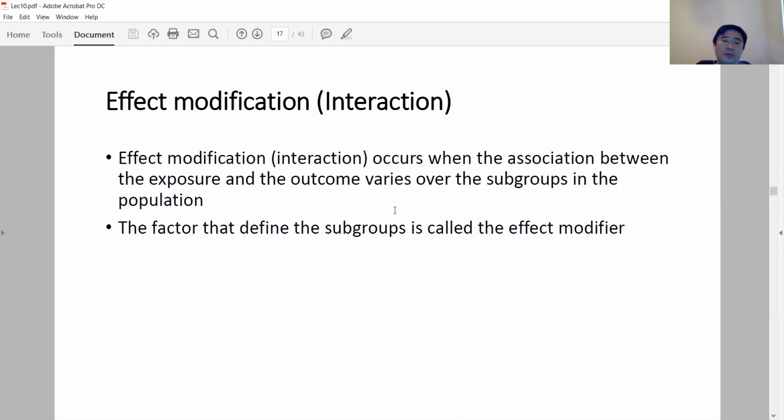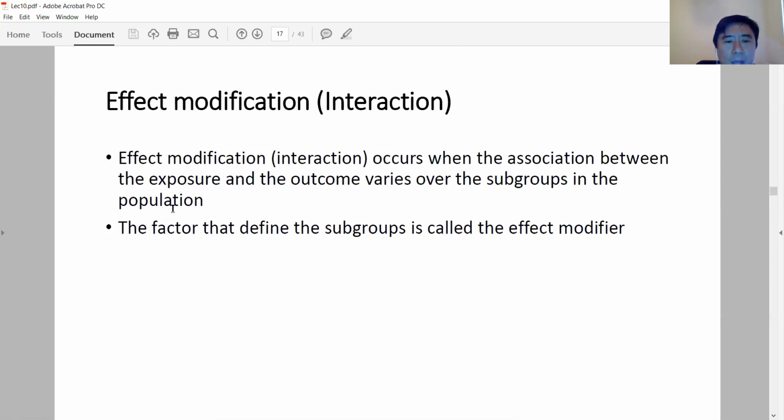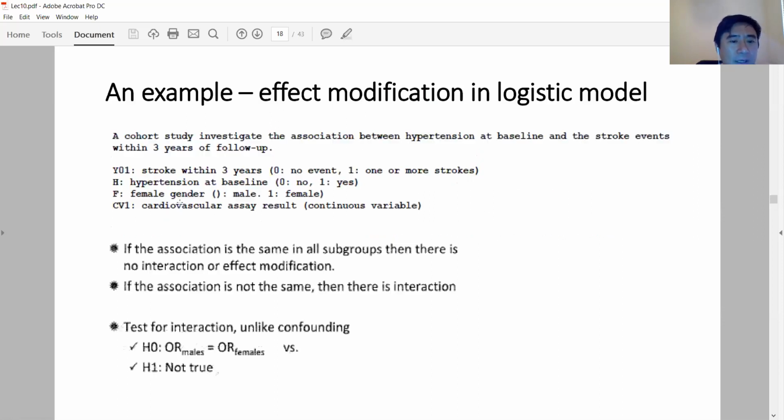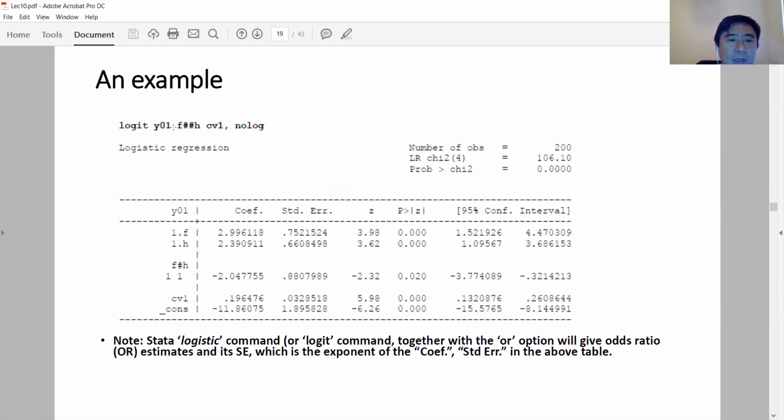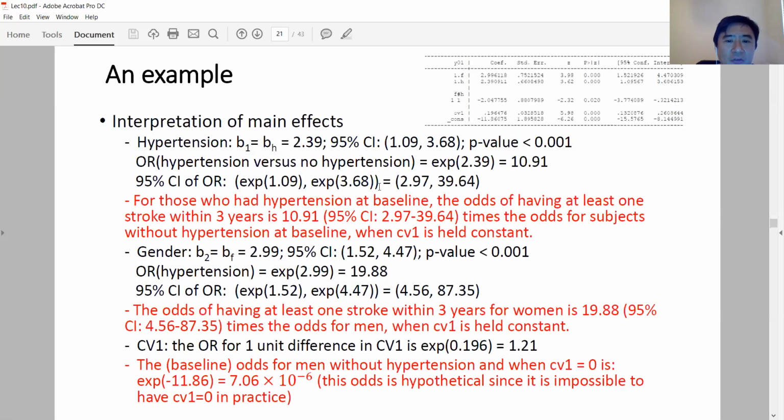There's a formal statistical test for effect modification or interactions. So this is a similar way to what we do for linear regression. My example here is used again for testing the effect modification and also its interpretation. I'm not going to go over this because you can see my video for lecture number 10.